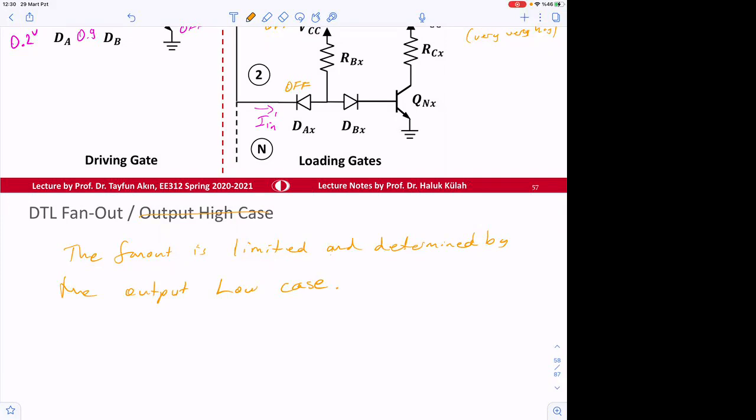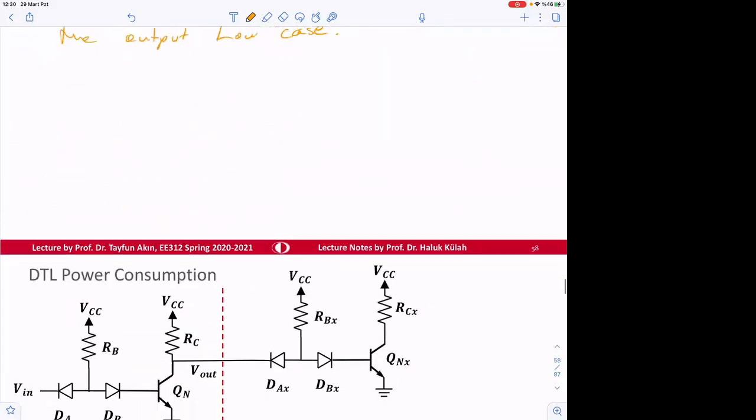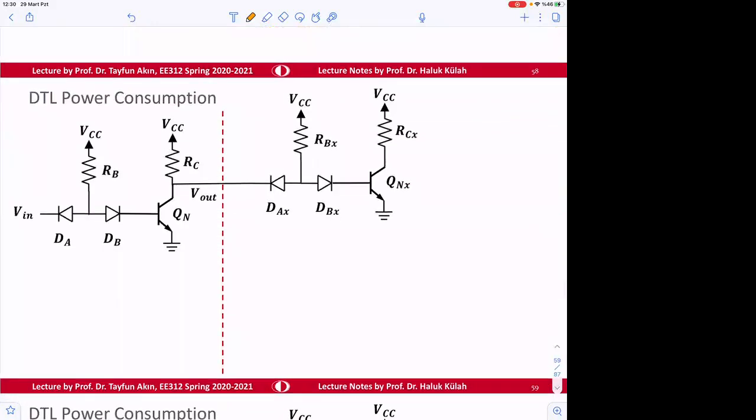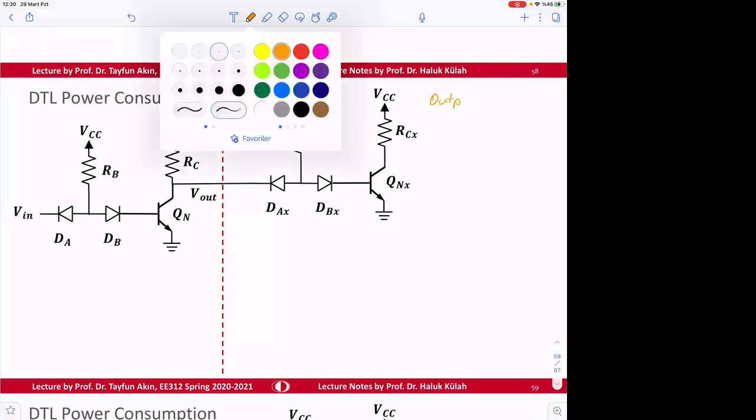Okay, so that's it. We need to also calculate the power consumption. For the power consumption, we need to look again at the output high case and output low case. Let's say this one is output high case. Let me do this very quickly.